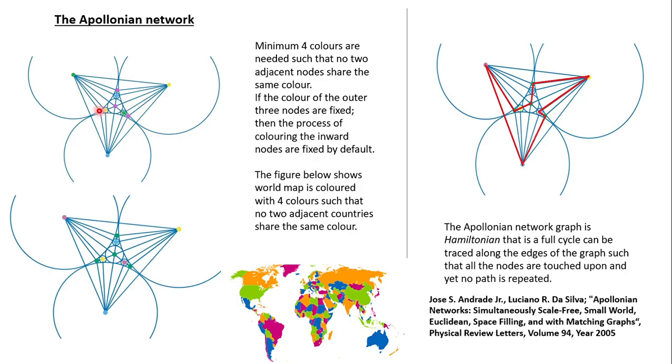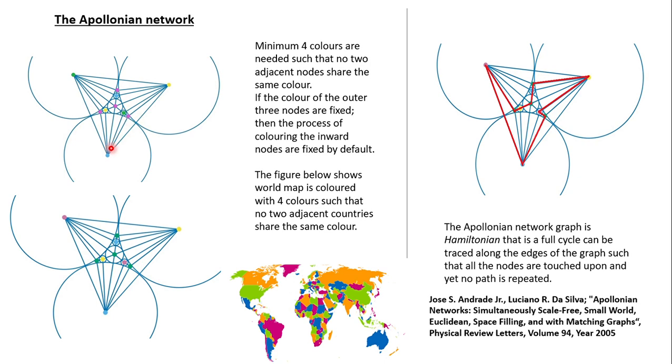The map of the world can be colored in 4 colors so that no two adjacent countries share the same color. Essentially, nodes have been colored, keeping in mind that no two adjacent nodes have the same color. If one fixes the color of the outer nodes, there is only one way to color the internal nodes.